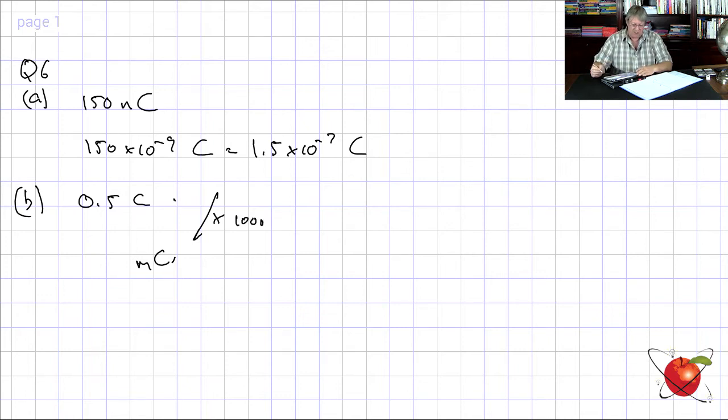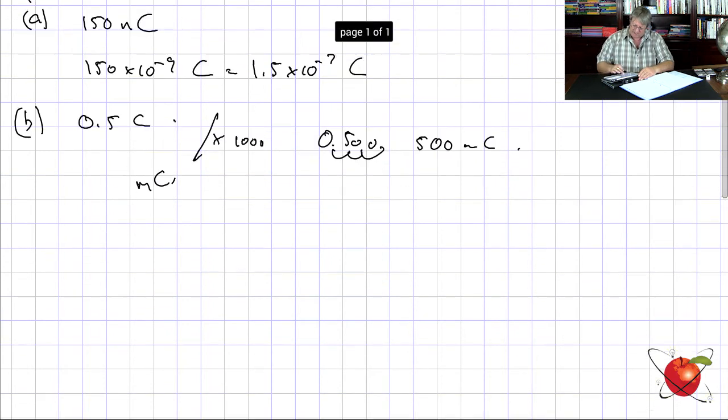So 0.5 times 1,000, let's just do it. 0.5, and we're going to times it by 1,000. 1, 2, 3. It's going to be 500 millicoulombs, isn't it? 500 millicoulombs.